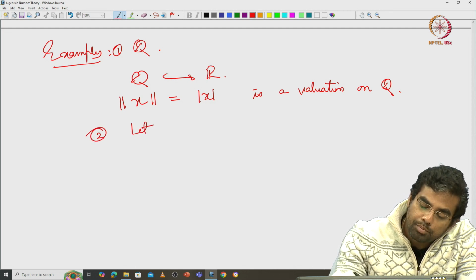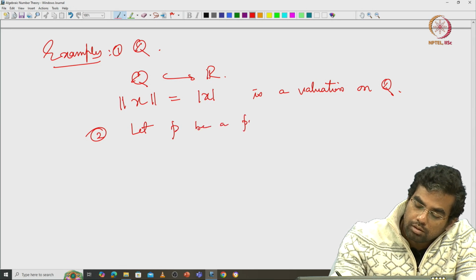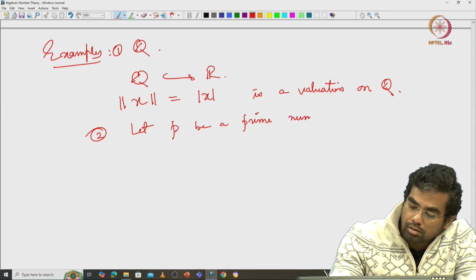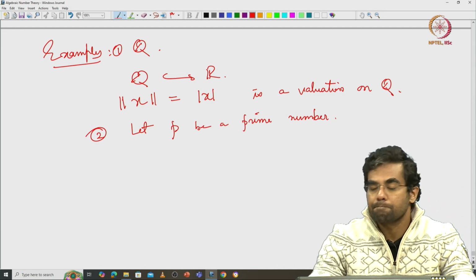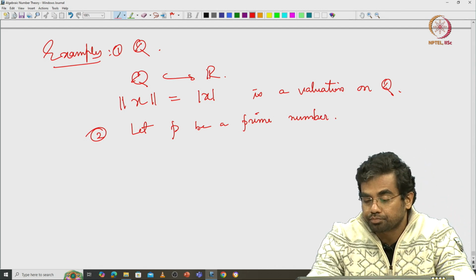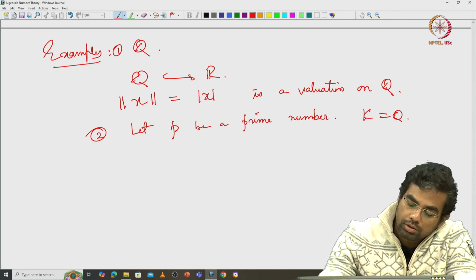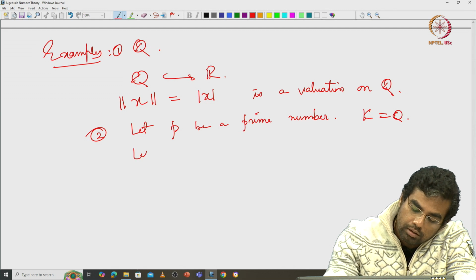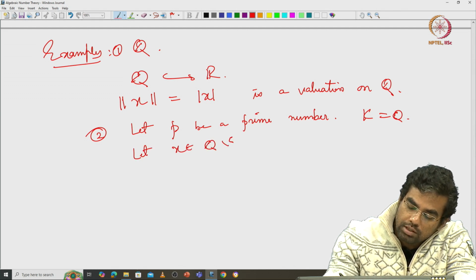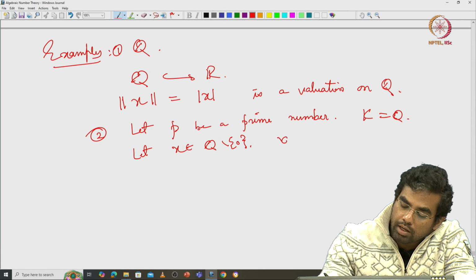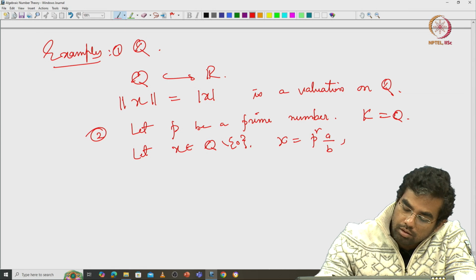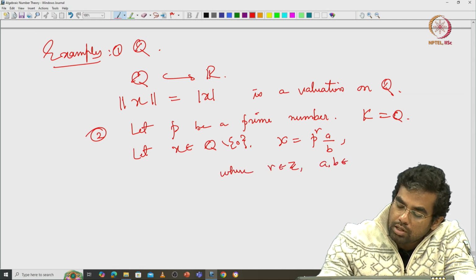Now let p be a prime number, and K is again Q. Take any non-zero number x in Q minus 0. You can write it as p to the power r times a by b, where r is an integer, a and b are integers, and p does not divide ab.